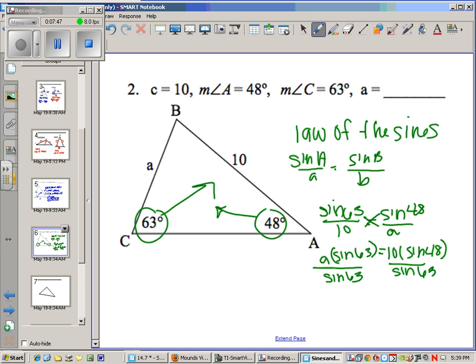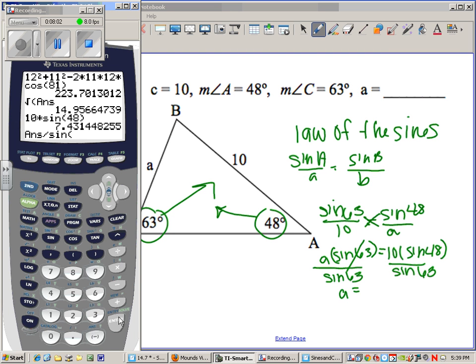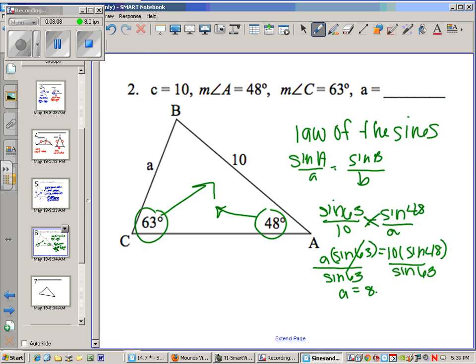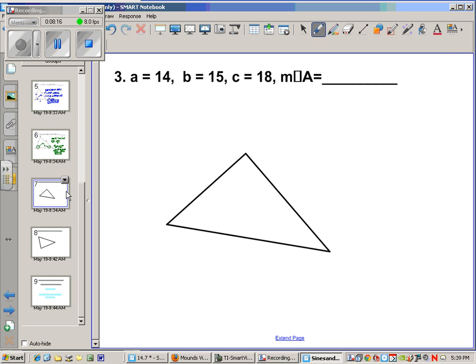Cancel, I'm left with A equals 10 times the sine of 48 divided by the sine of 63, and I'm left with 8.34. So that side length A is approximately 8.34. All right, that's an example where we decided to use the law of sines.